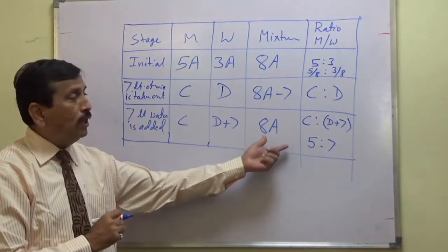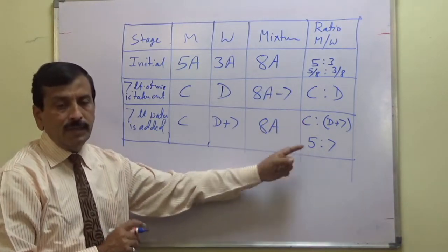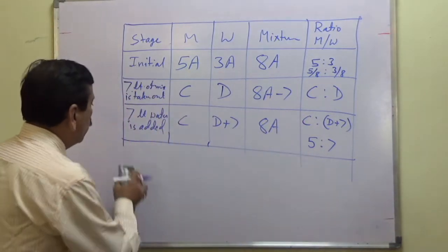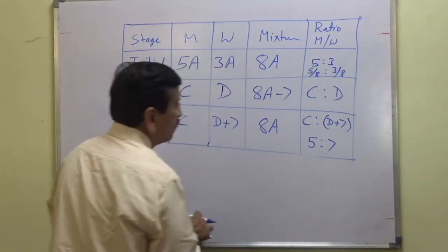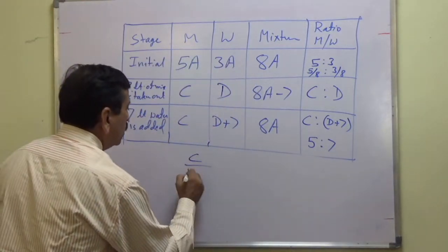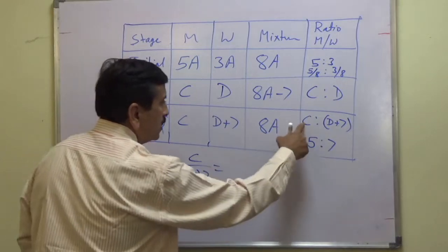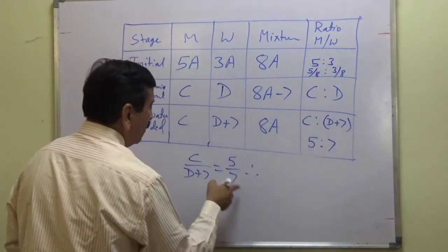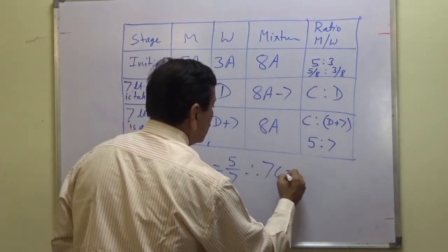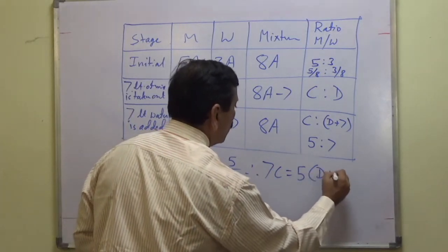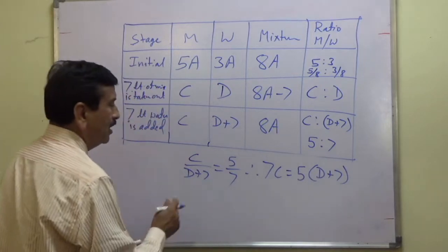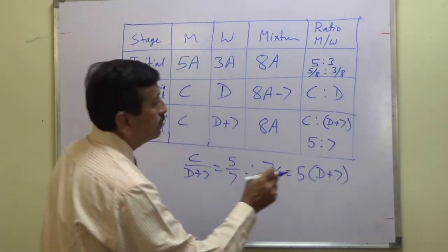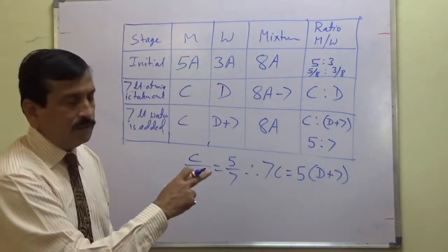Now we'll try to solve the problem from this particular component. Let's see how we go about. C upon D plus 7 is equal to 5/7. And therefore cross multiply. 7C is equal to 5 into D plus 7. 5:7, is it alright?